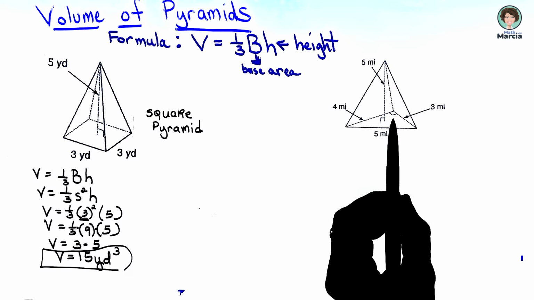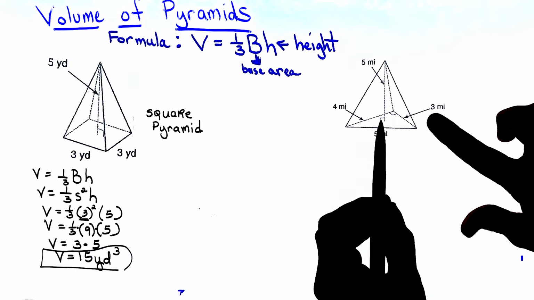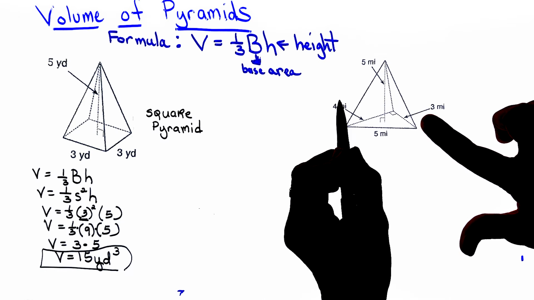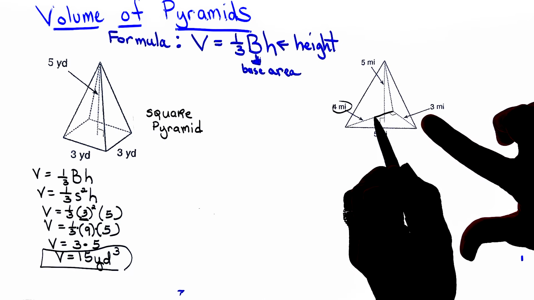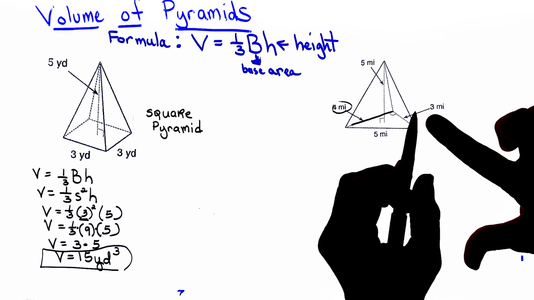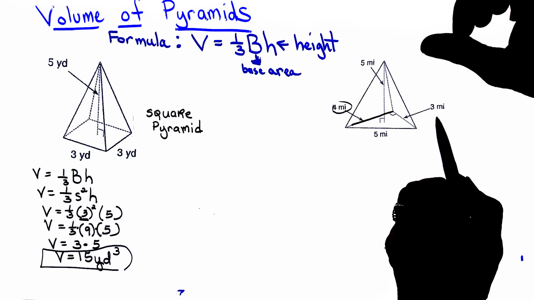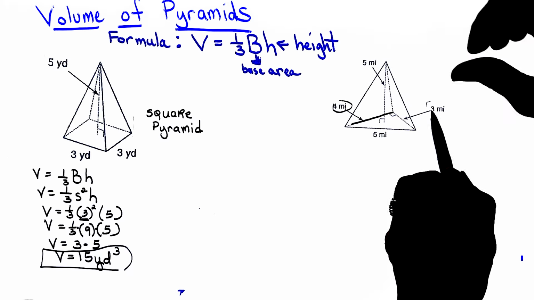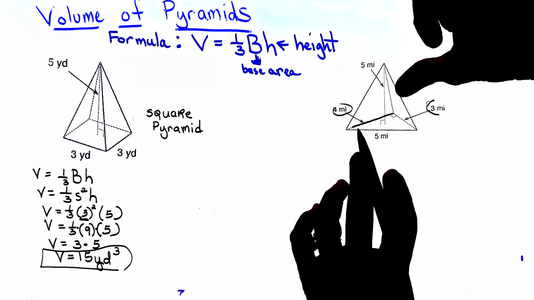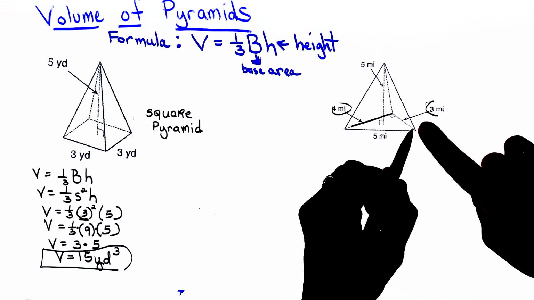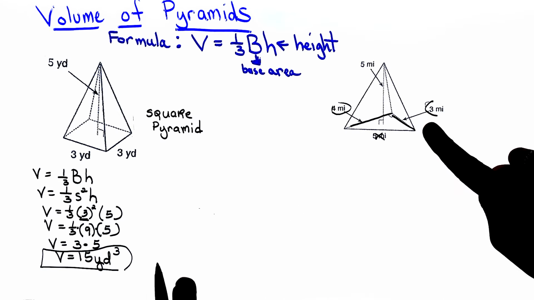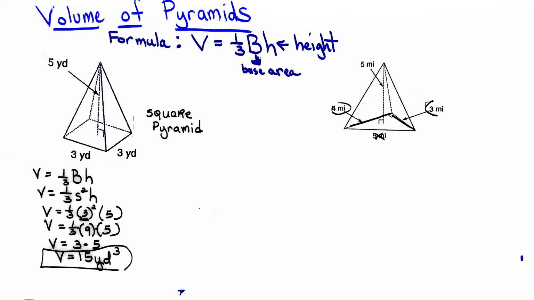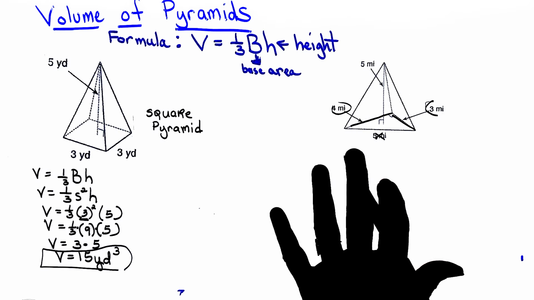So when I'm looking at this right triangle, it's going to be important that you realize that this 4 is actually the base, and the 3 is going to be our height of the base. And this is extra. We didn't even need that number. They just put it in to see if you knew what you were doing.